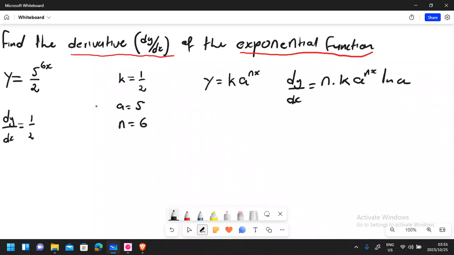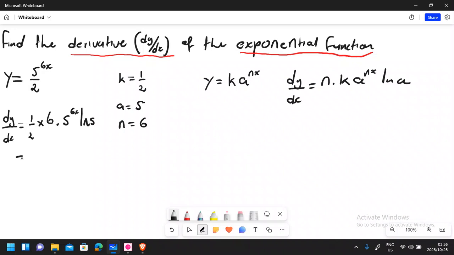So then we have to multiply it by n, or I did vice versa, but it's still fine, guys. Multiply by n, and our n here is gonna be 6, right? Then multiply by our a, which is 5, but our a has the exponent of 6x, and then this is going to be multiplied by natural log 5.